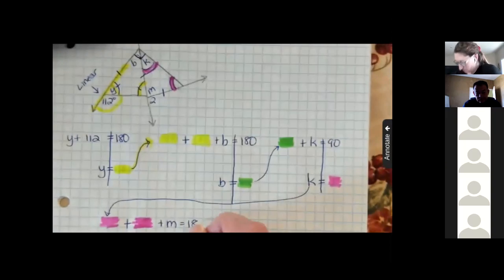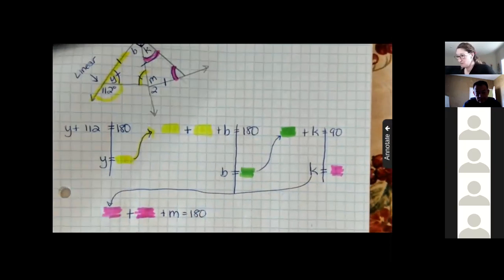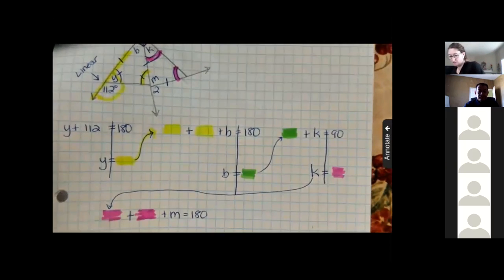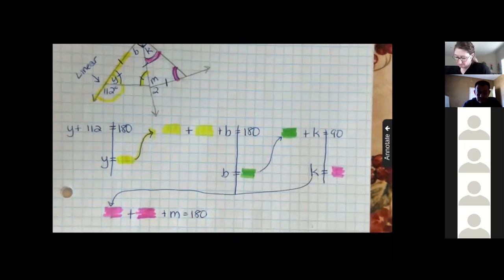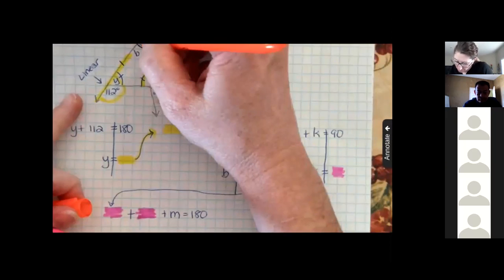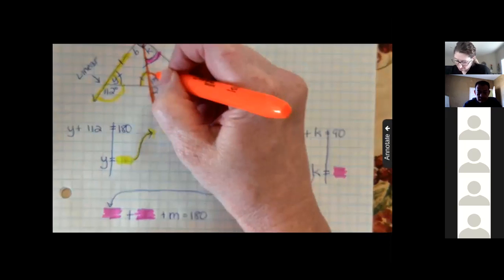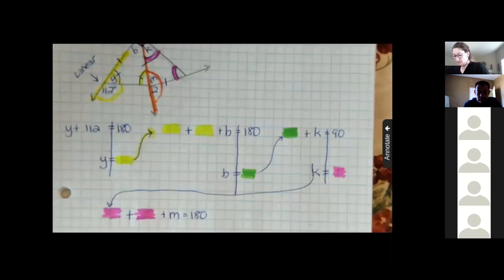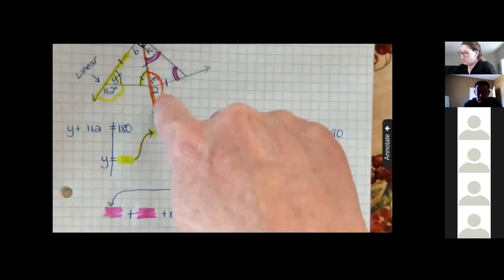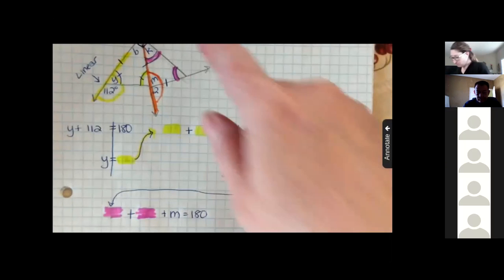K plus K plus M equals 180. Why am I doing that? Because guess what M's part of? A linear pair. And once I figure out M, I can say M plus angle 2 equals 180.